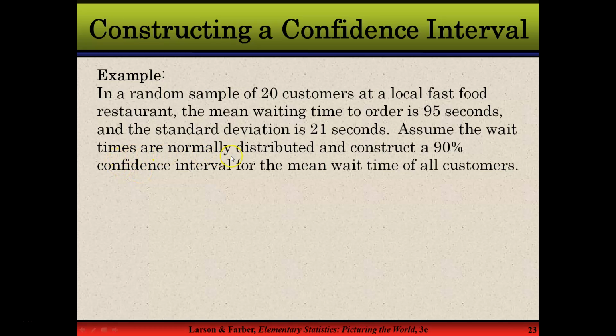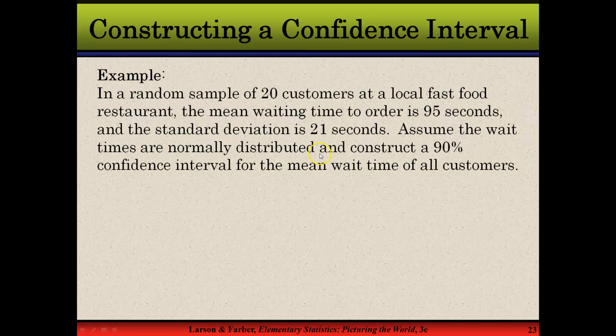Assume the wait times are normally distributed and construct a 90% confidence interval for the mean wait time of all customers. Now in this problem, nowhere do they tell me that I know the standard deviation of the population.